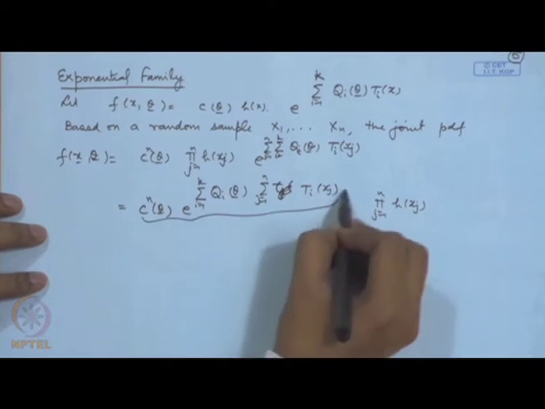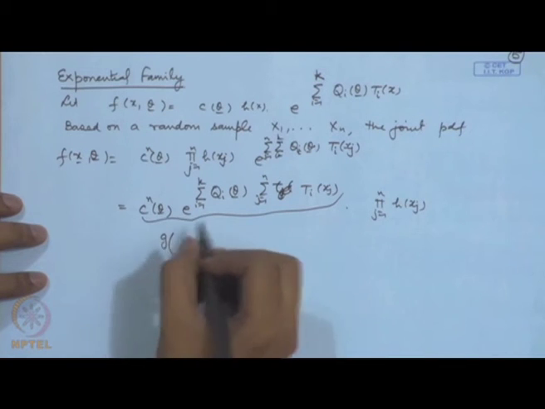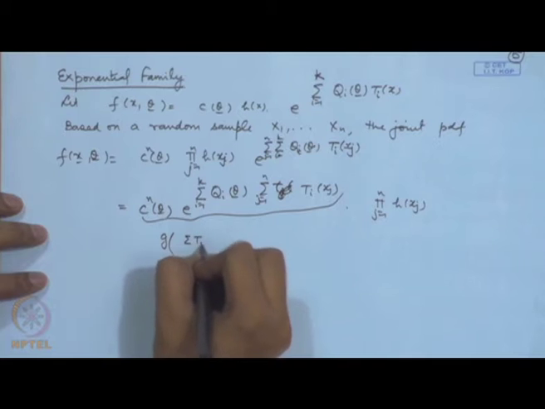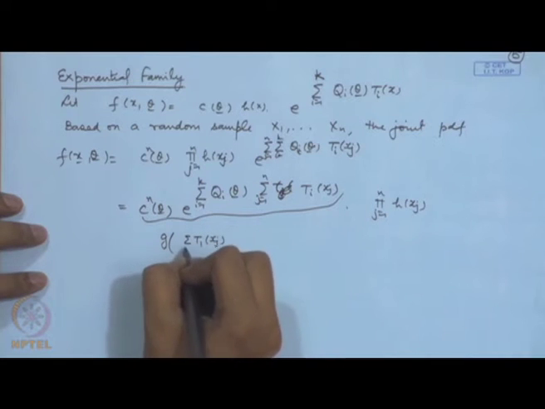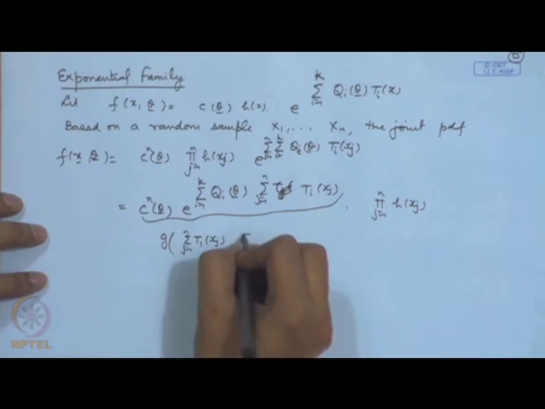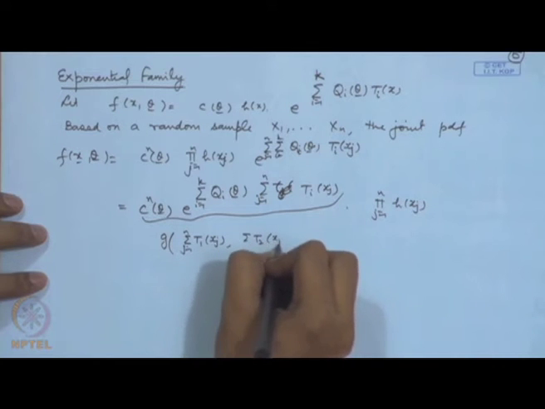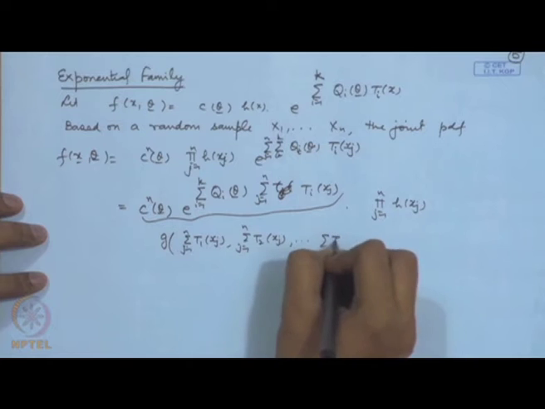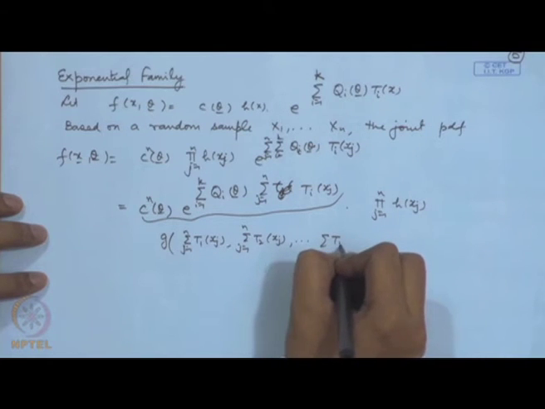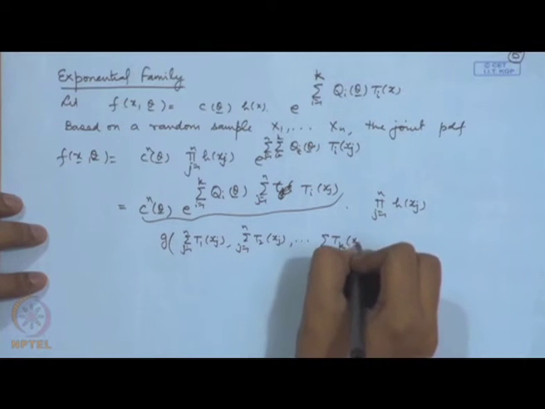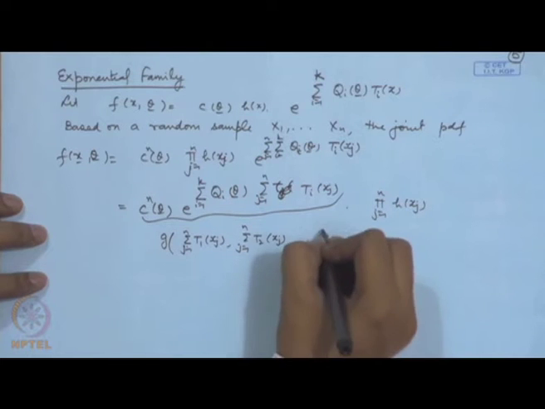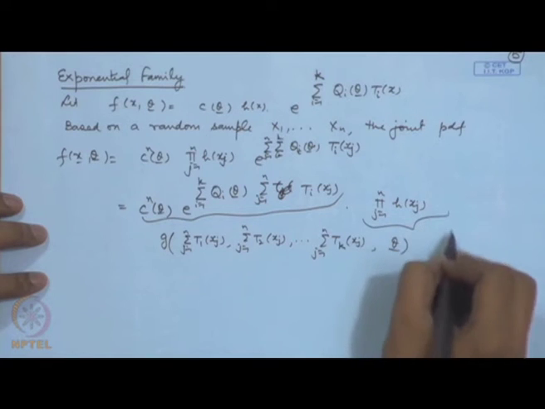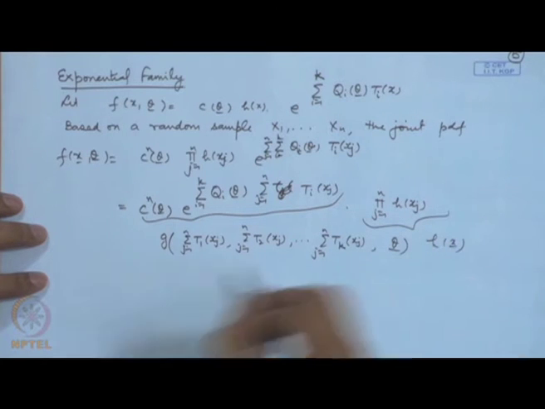So, this part is now a function of sigma t 1 x j, j is equal to 1 to n, sigma t 2 x j, and so on, sigma t k x j, j is equal to 1 to n, and the parameter, and this part we can consider as h x.